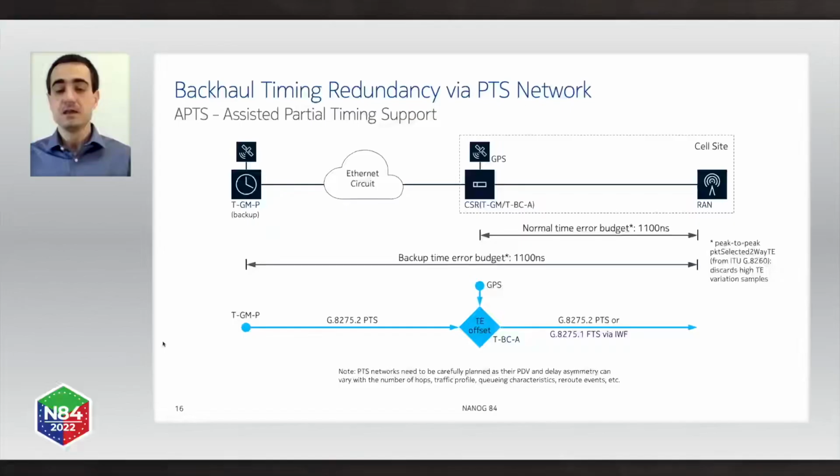Now, what happens in case you don't own that fiber infrastructure and you still want to provide some sort of redundancy for your GPS? In this case, because you don't have a PTP-aware network, and many times those are Ethernet circuits from all types of companies, and I'm sure there are some people in the audience here who are even part of these companies that provide connectivity to those mobile operators, the mobile operator will need to operate in PTS mode, partial timing support mode.